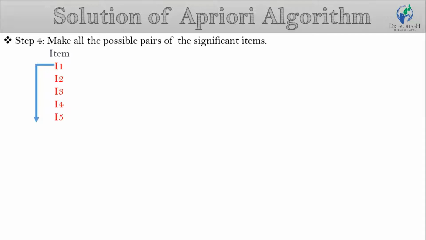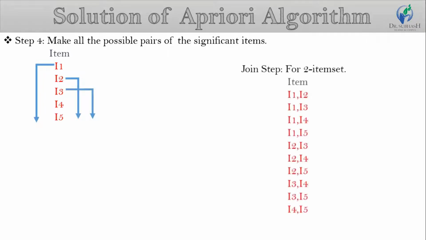Then we start with the second item: I2, I3; I2, I4; I2, I5. This process is called the join step of two item sets. So we have created pairs: I1, I2; I1, I3; I1, I4; I1, I5; then I2, I3; I2, I4; I2, I5; I3, I4; I3, I5; and I4, I5.